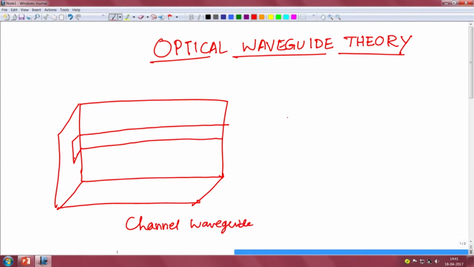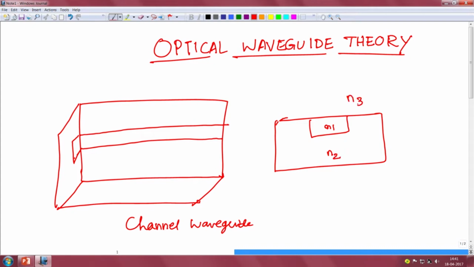The cross section of this looks like this. There is a higher refractive index region here in the guiding region and lower refractive index in the substrate and in the cover regions. So, this is called the substrate. This is the guiding region.